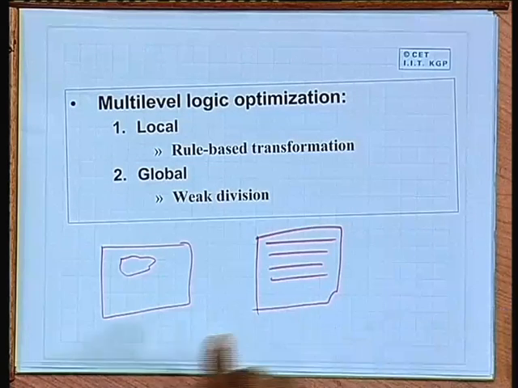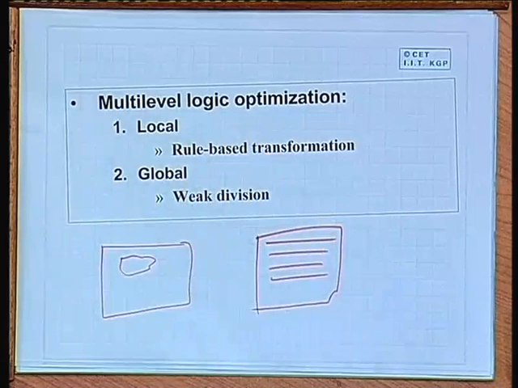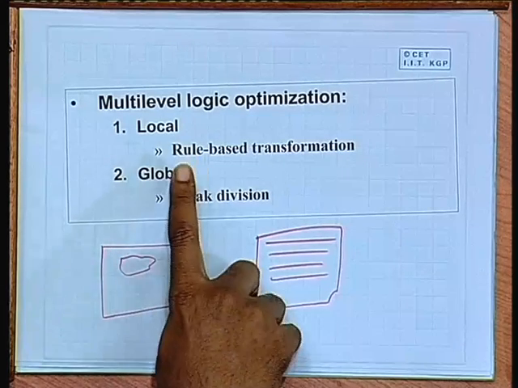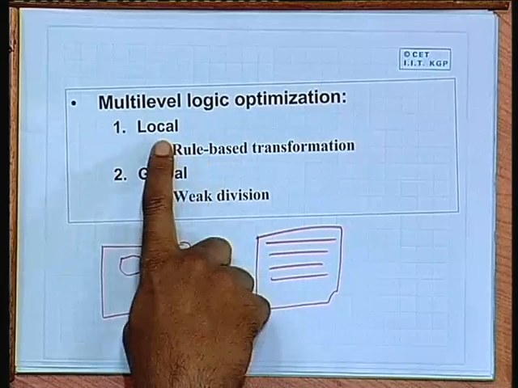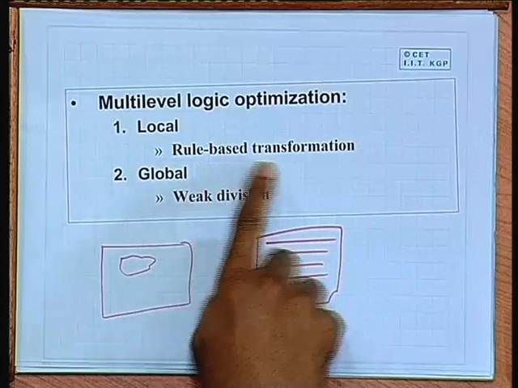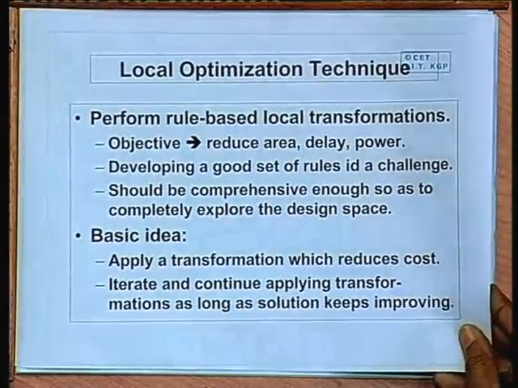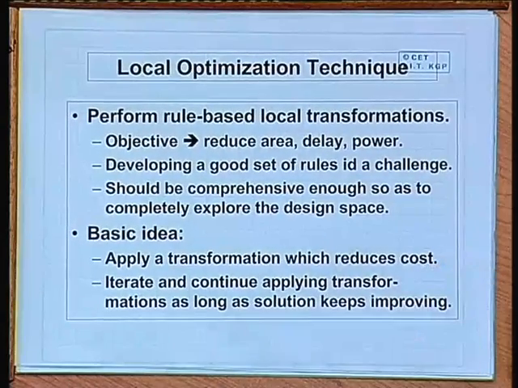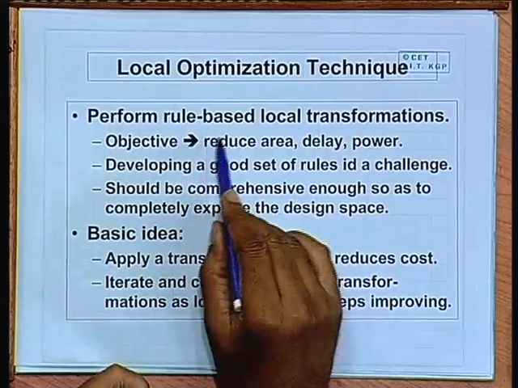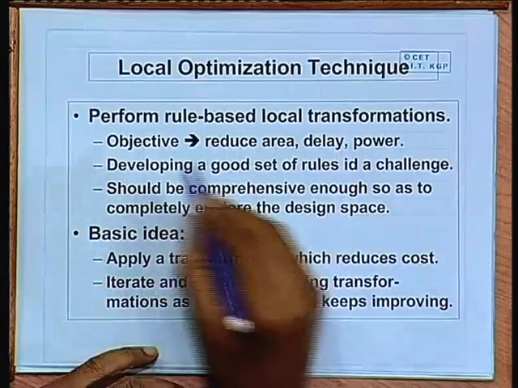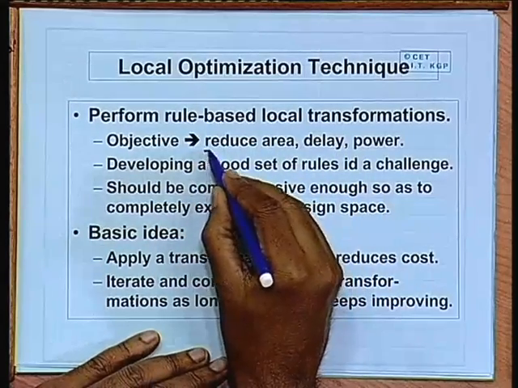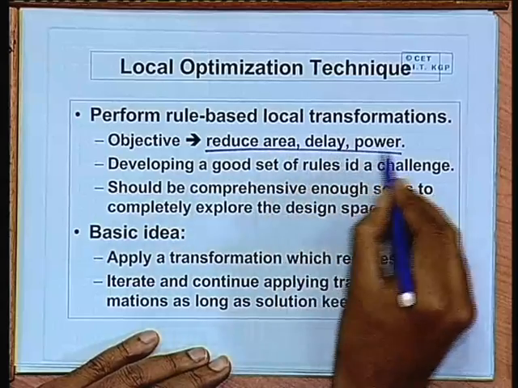So, let me try to give you some idea of how these local and global transformations work. As you can see, it is written here, local optimizations are based on some kind of rule based transformations. Let us see what kind of rules. So, the objective of these rule based transformations are, of course, same: reduce area, delay or power.